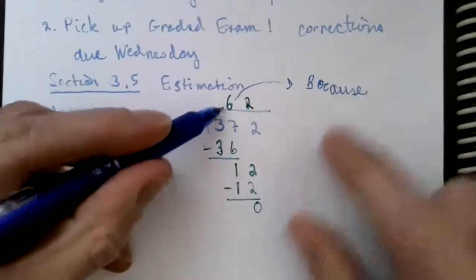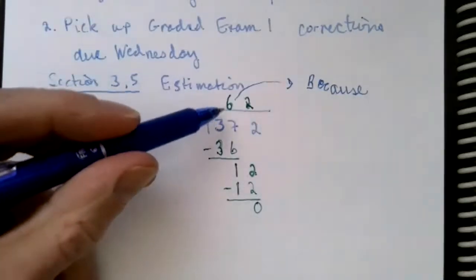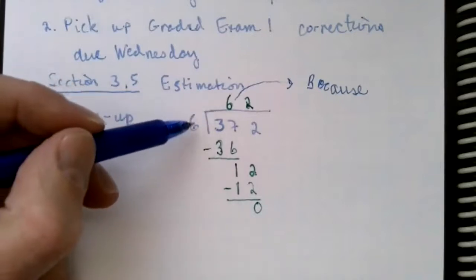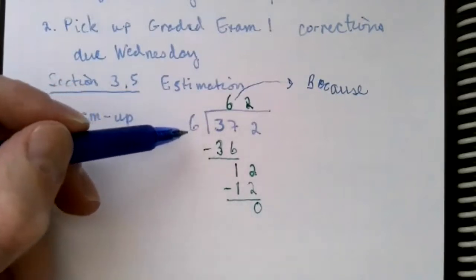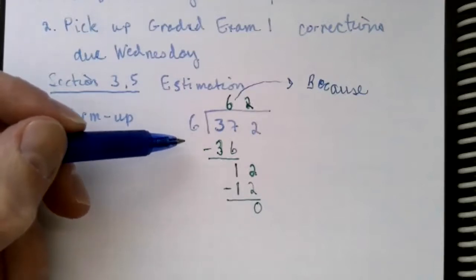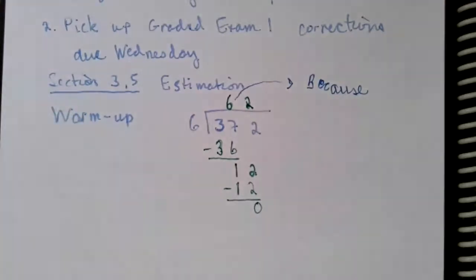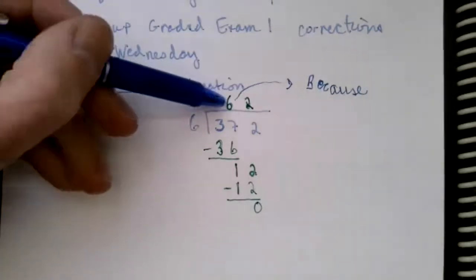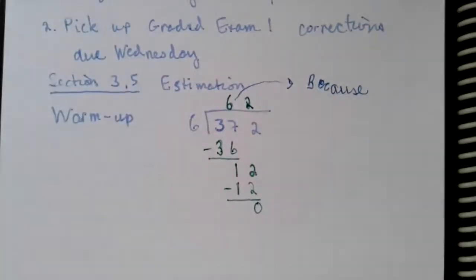Why did we put this 6 here again? I think I might have mentioned it, but I forgot. What was it? So when we started this process, we decided to put a 6 there. How did we decide to do that?